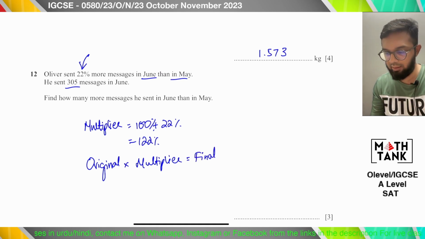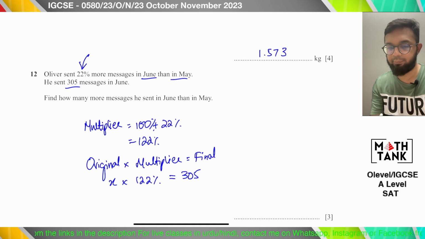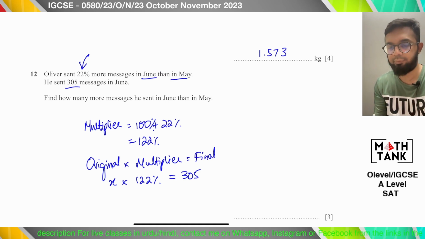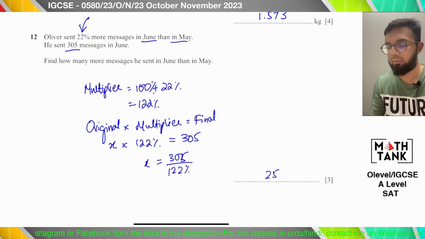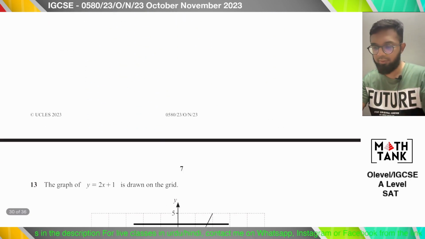The original is not known. The multiplier is 122%, and the final is 305. So x is going to be 250.